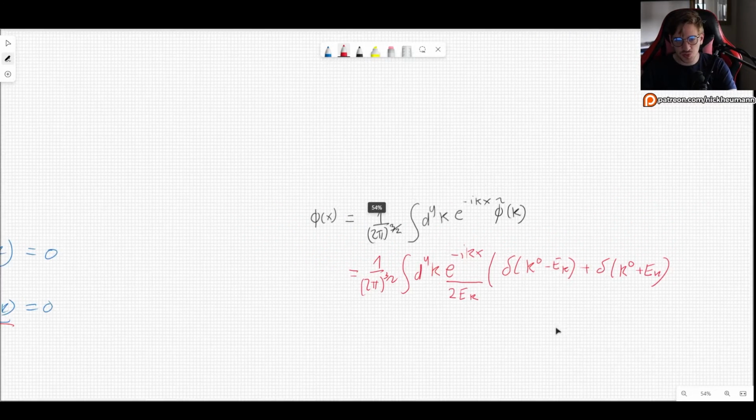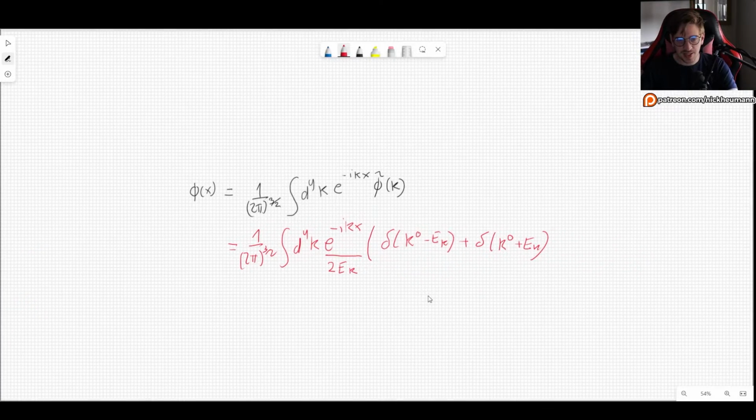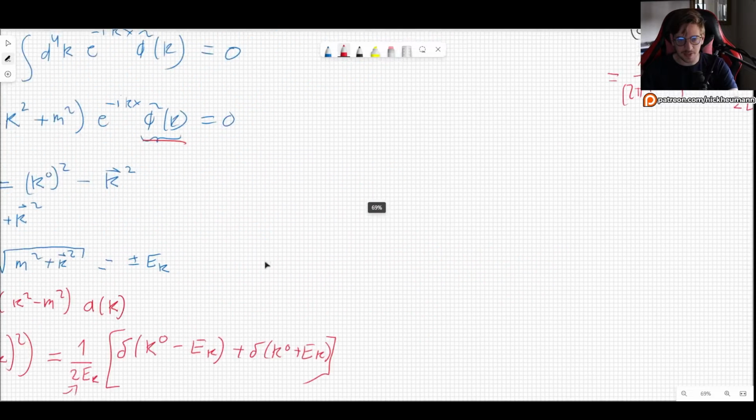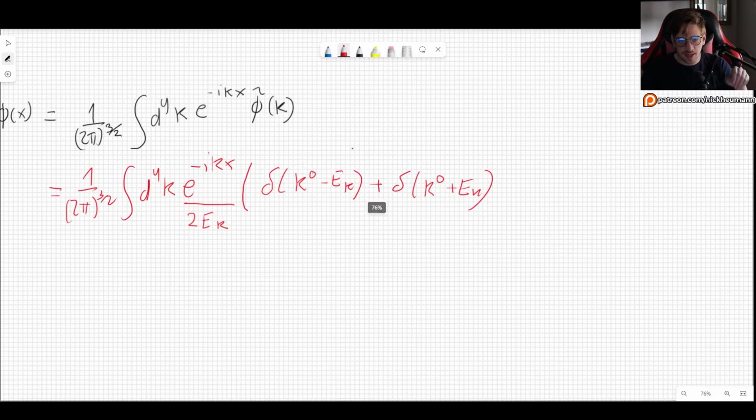And of course, all of this is now multiplied by a_k, which we don't really know what it is just yet. So here we can just multiply through. We have 2 pi to the 3/2, integral d4k.